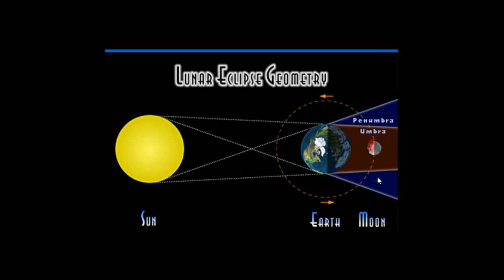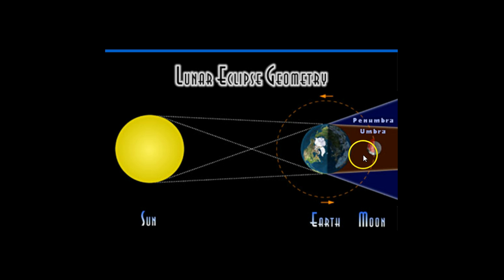Now the best part of a lunar eclipse is during the middle of the event, when the moon is in the umbral shadow. Also write that down. So here's our umbral shadow.